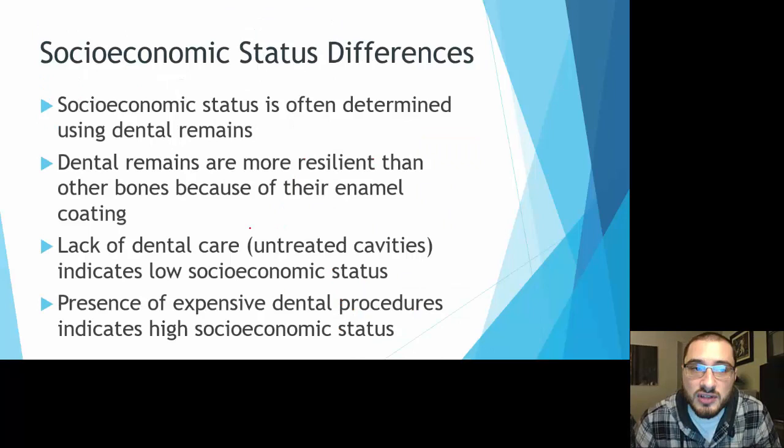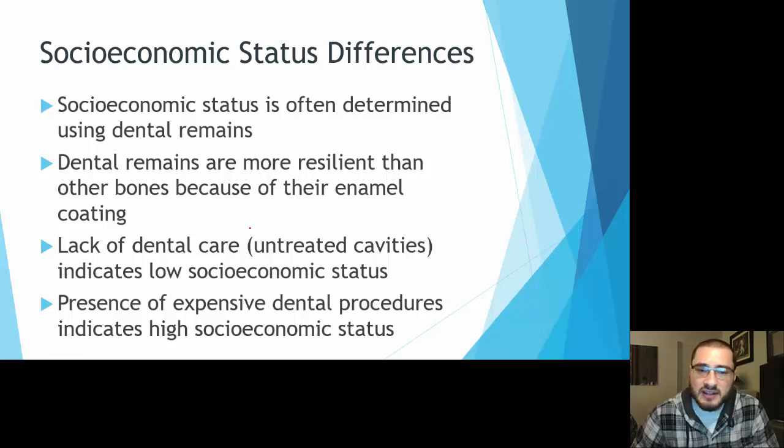Now, believe it or not, we can also come up with an idea of the socioeconomic status of an individual by looking at their dental remains. Typically, going to the dentist is something that more affluent people do more often, and really good dental work is very expensive, so that's going to indicate someone had a decent amount of money.